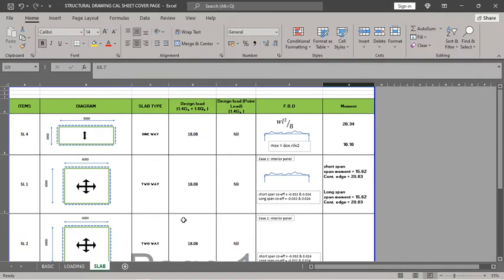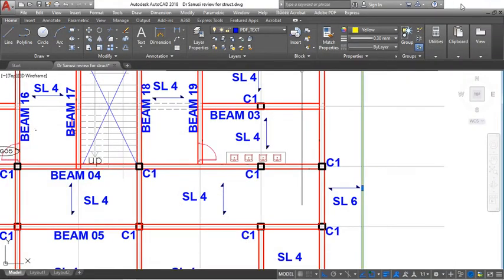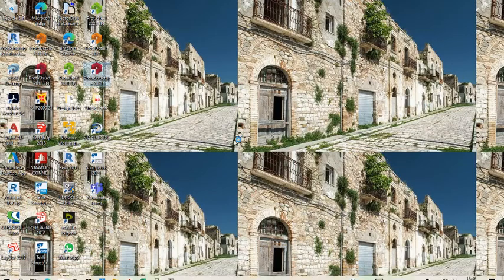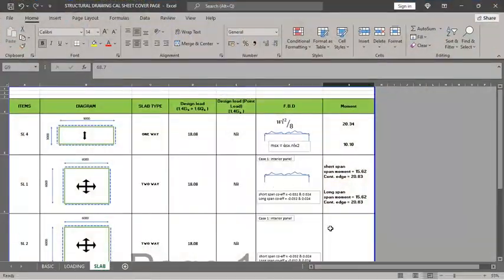Now, the aim of this series is to compare what we have manually with what the software gives us, and the software we are probing is Prota Structure, as we have been talking about over the past videos.